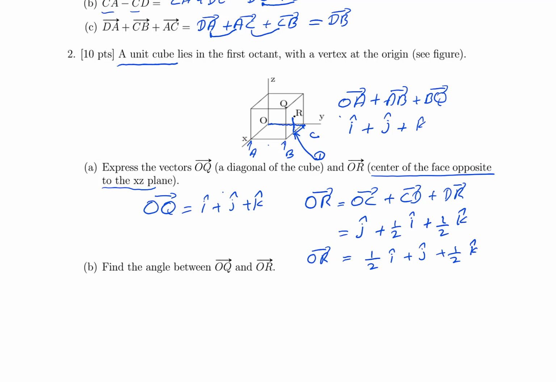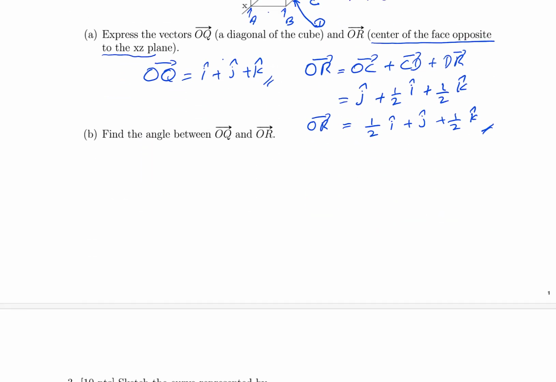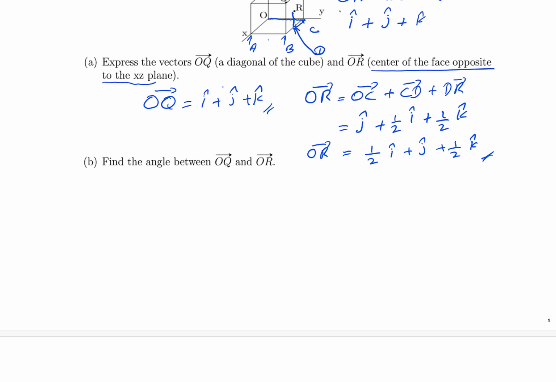Right. Then next one, part B, find the angle between OQ and OR. How do we find the angle? Yes, to find the angle, we can consider the dot product. So how do we do it? OQ dot OR equals magnitude of OQ times magnitude of OR times cosine theta.